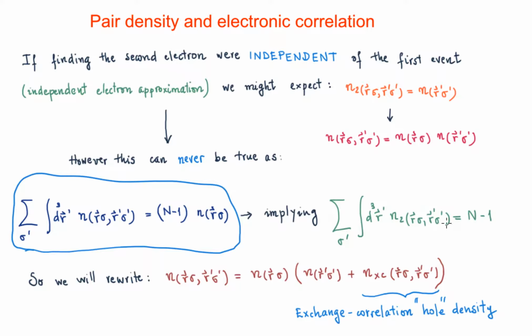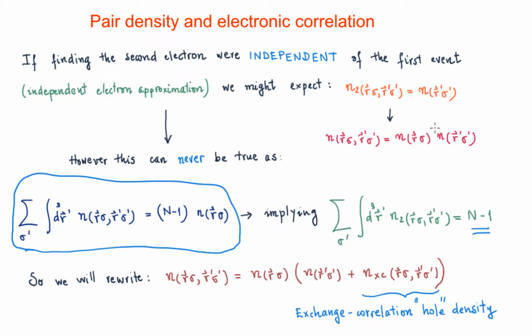If we plug in the spin density, then the integration over the spin density and the summation over sigma prime is equal to n and not n minus 1, and this is the condition that has to be satisfied. So therefore, within the independent electron approximation, the conditional probability cannot be just the spin density. We might expect something close to that, but it cannot be exactly the spin density.